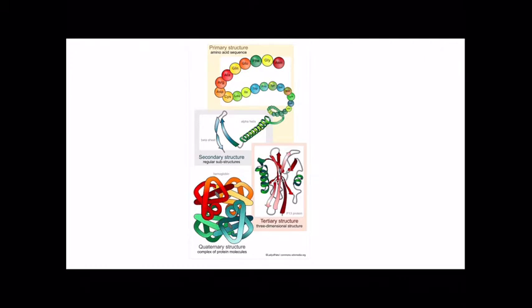The parts that are attracted form hydrogen bonds. We know that hydrogen bonds are formed between slightly positive and slightly negative ends of neighboring molecules, and that's what holds the secondary and tertiary structures in place. Those hydrogen bonds just form naturally as part of building a protein.